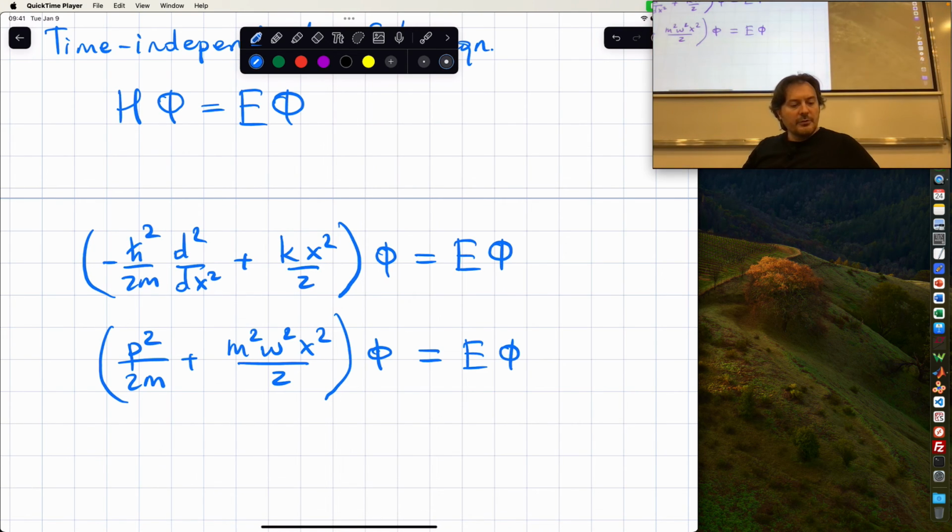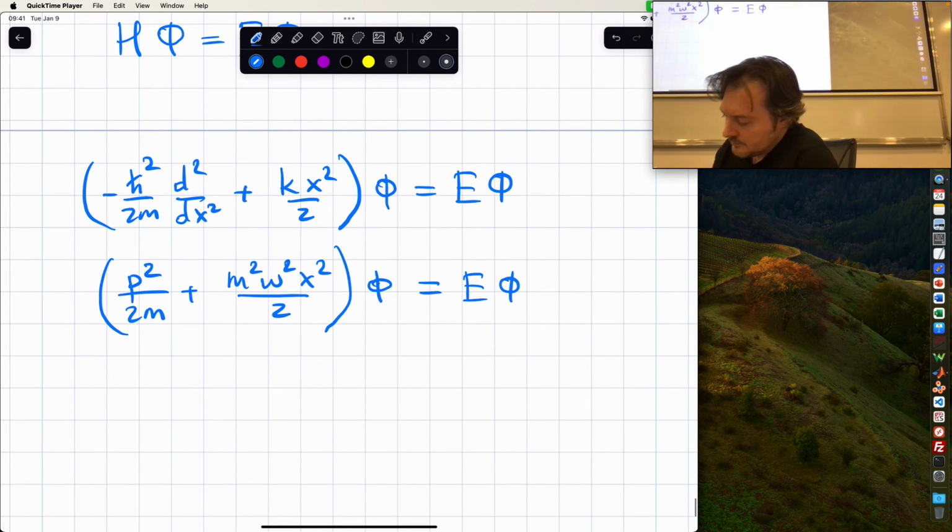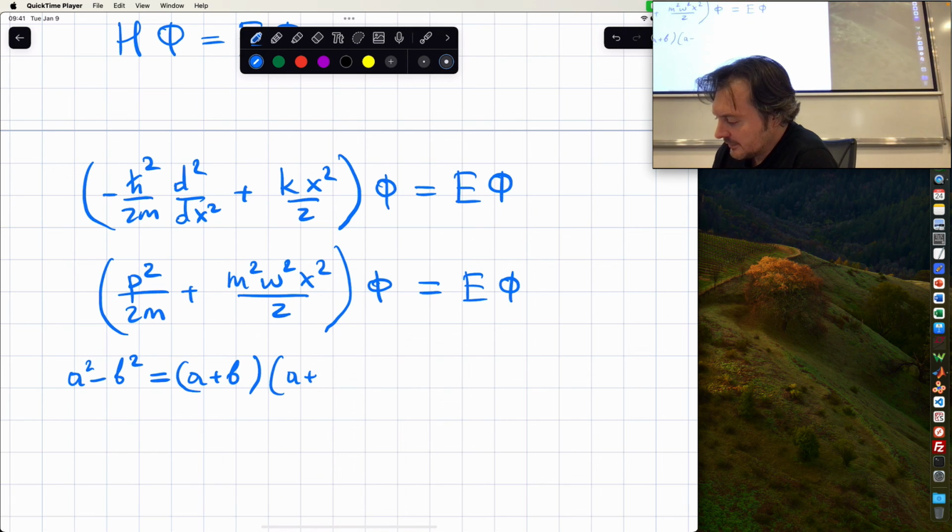Now we are going to solve this harmonic oscillator in a very different way. Do you remember this? A squared minus b squared used to be a plus b times a minus b.